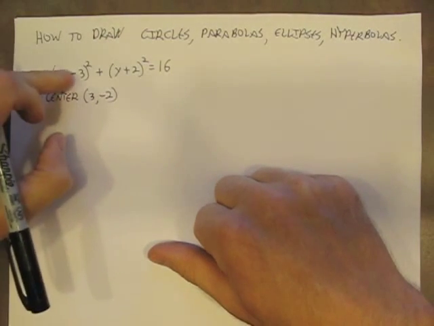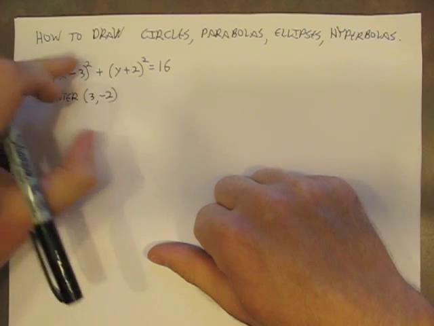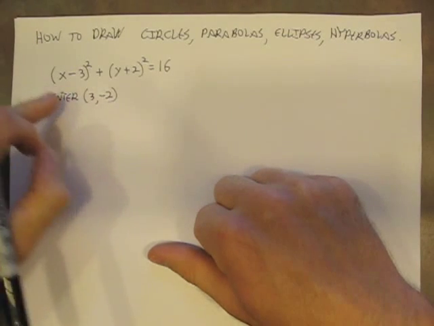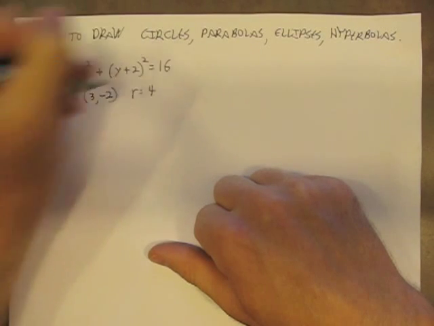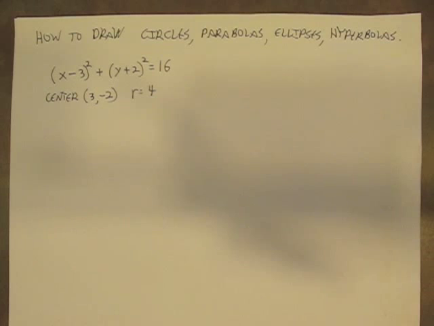Remember that you got to do the reverse, but I'm not going to get into that right now. This is a center of 3, negative 2, and it has a radius of 4. So that's assuming you know some stuff about circles already.